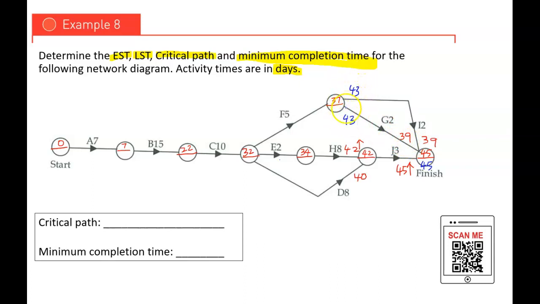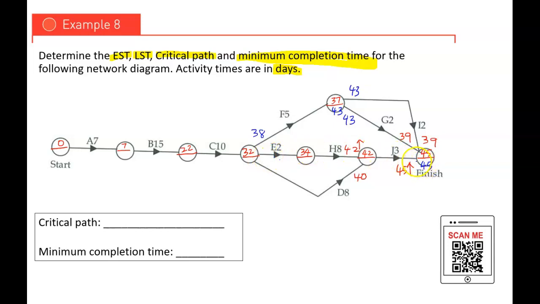So for LST, you always go for the lowest value, and since these two values are the same, I will just put 43 here. Okay, so 43 minus 5, I have 38. Because there are more than one alternative, I have to write outside, then later I do the selection.